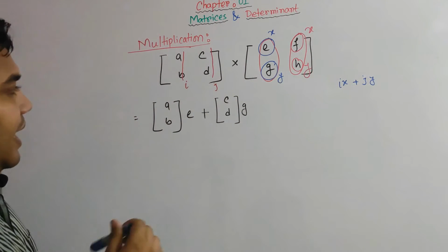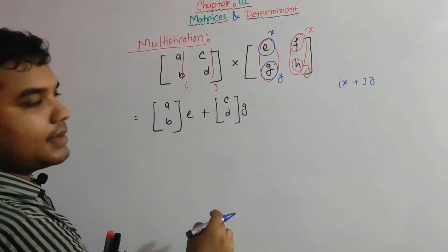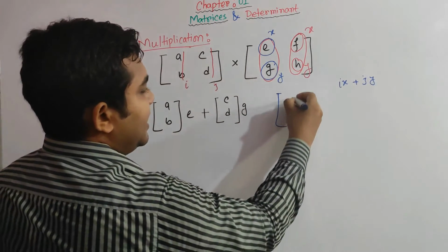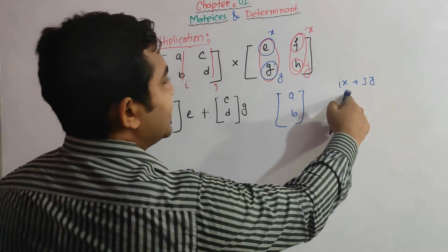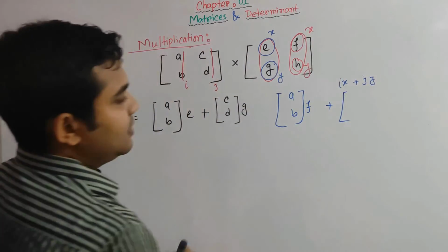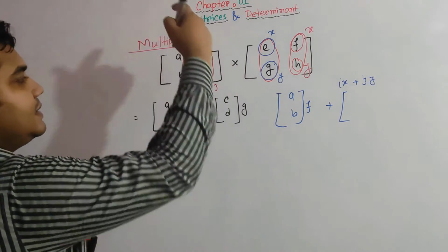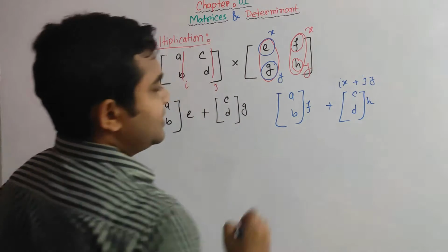So in this case, what can we write? We can write i into x. So i is a, b, and what is x? In this case, x is f, plus j. What is j? This is j, so c, d is multiplied with s.